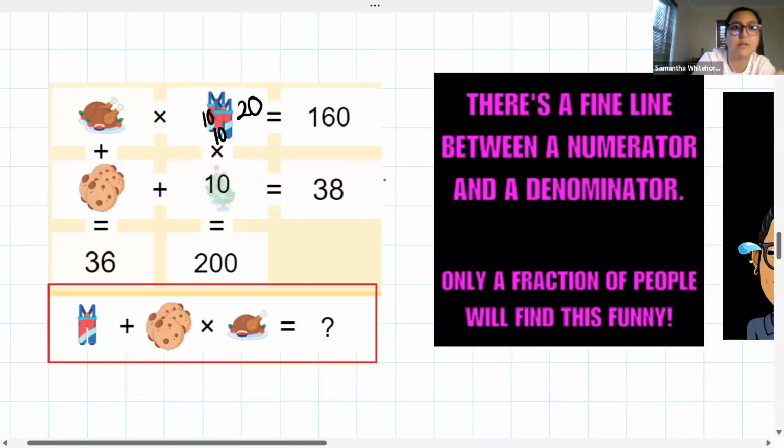And then since I know it's 20, I said 160 divided by 20 will equal 8. So then each one of those chickens are 4 each. And then 36 minus 8 equals 28. And then the last one is just 122.